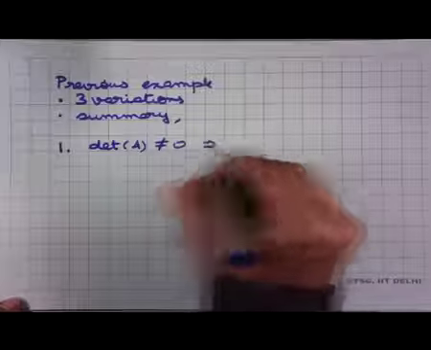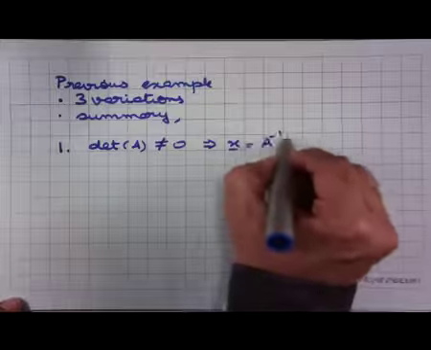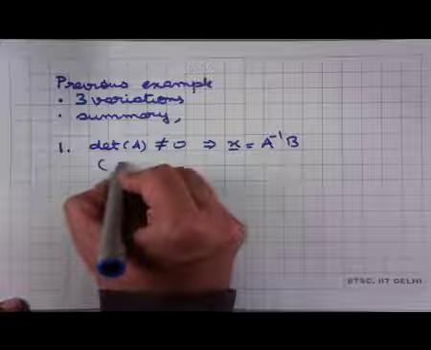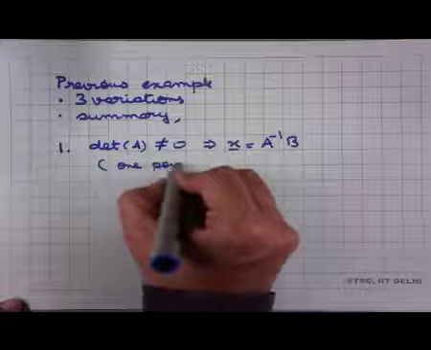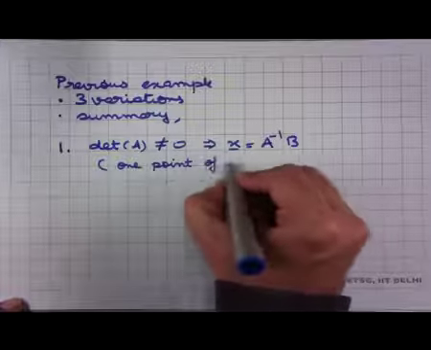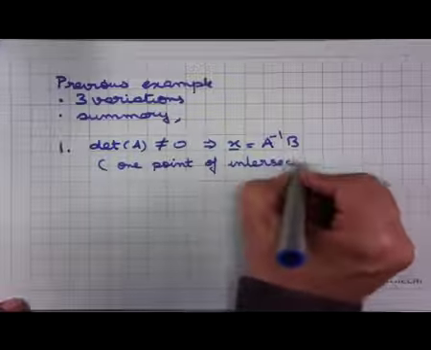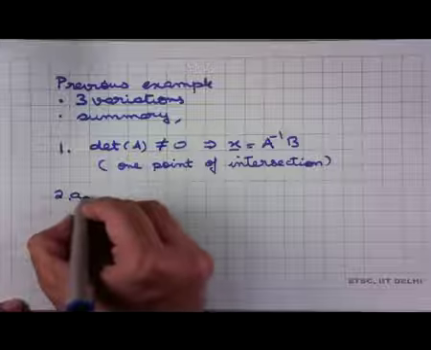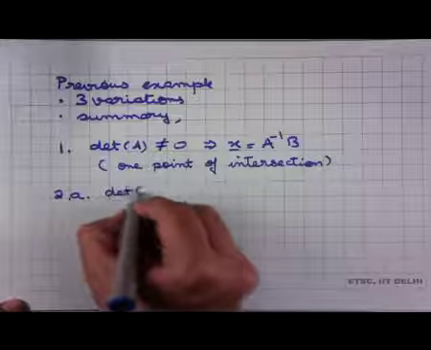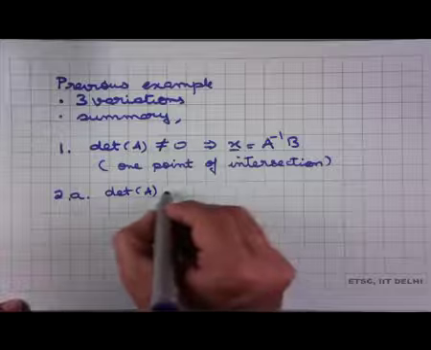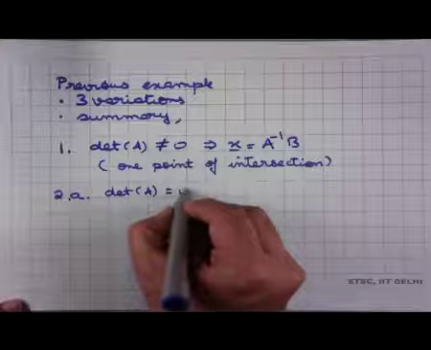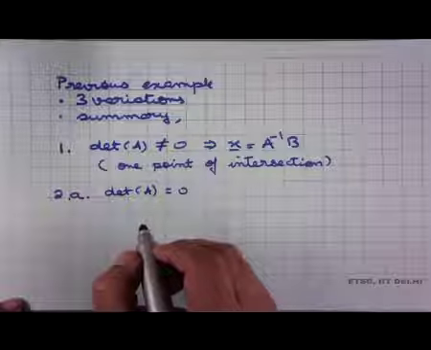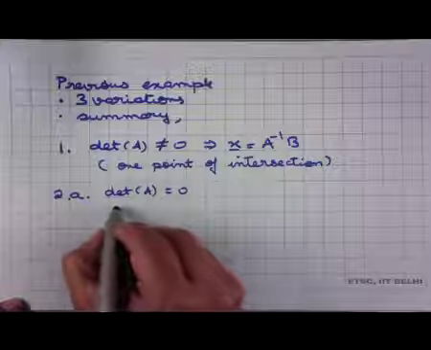So, then we could say what the solution is, A inverse B, and the underlying geometrical picture was one point of intersection. Second, in particular 2A, was when the determinant was equal to 0. So, we cannot come up with that, but what we found was that this was parallel lines.